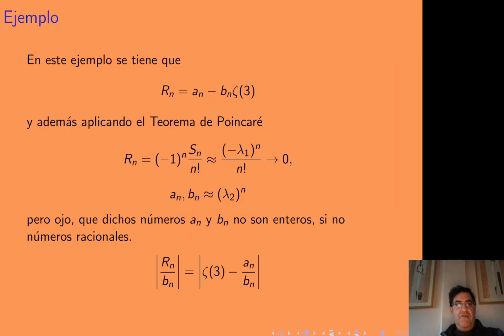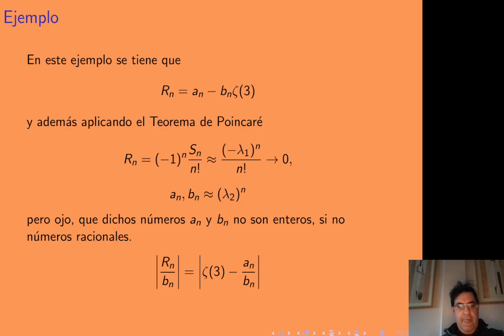So in fact, if I go back and write Rn in terms of Sn, it's not difficult to see that Rn tends to 0. Yes, this is something that you can check numerically, and then An and Bn behave like minus lambda 2 to the n, right? Because you have this minus 1 to the n that you need to apply somehow.